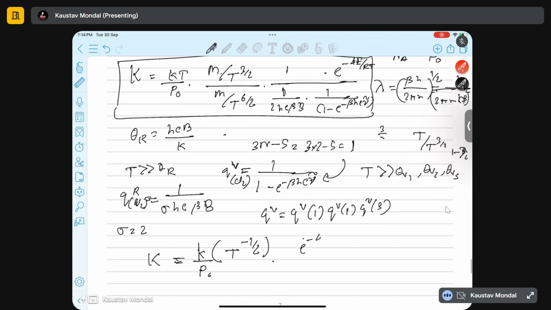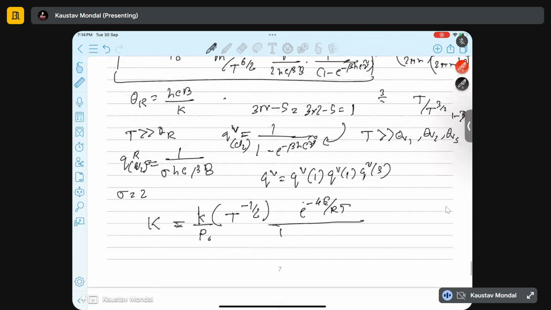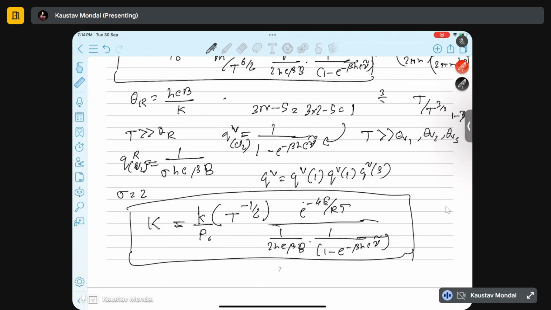e to the power delta E by RT, whole thing is divided by 1 by 2hc beta B and 1 by 1 minus e to the power minus beta hc nu tilde. This is the expression of the equilibrium constant K. Now from this expression, you know the temperature, you know the change in the dissociation energy delta E, beta, hc, kB, these are all constants, pressure is also constant.